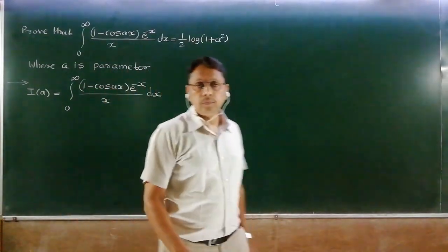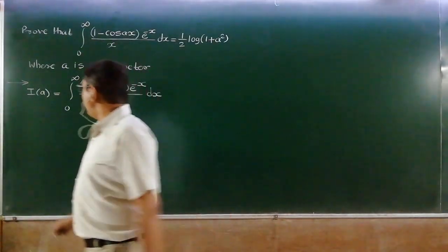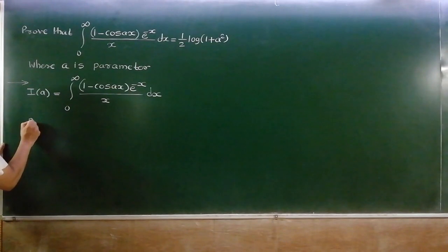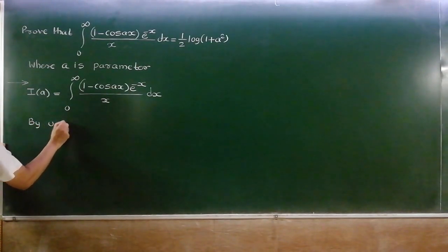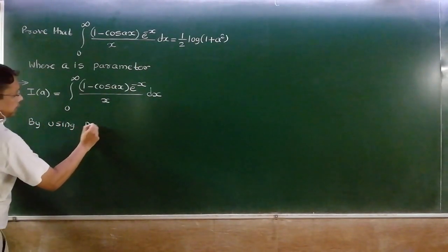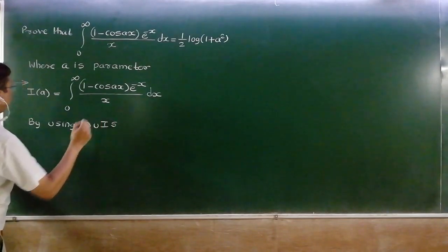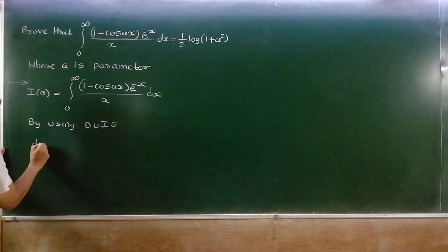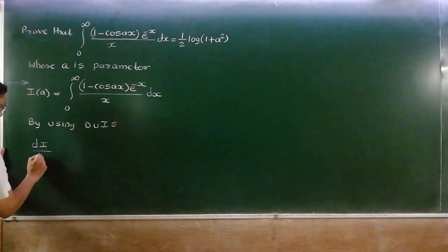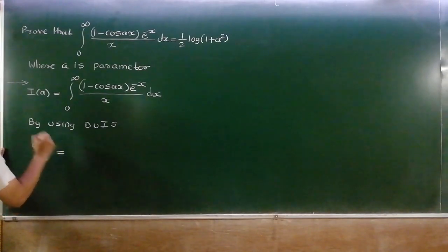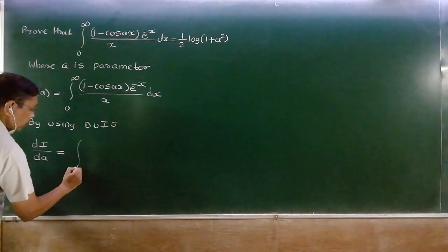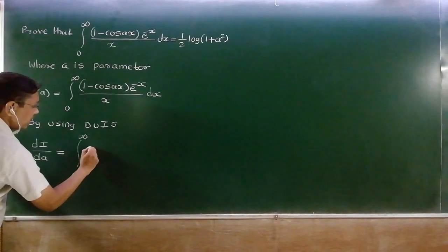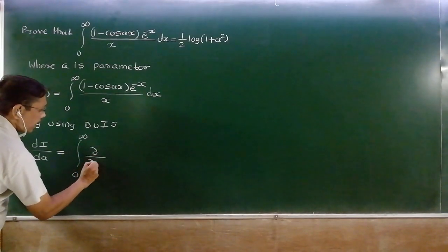So the first step, by using DUIS, is dI by dA equal to the integral from 0 to infinity, as we have to partially differentiate with respect to a.